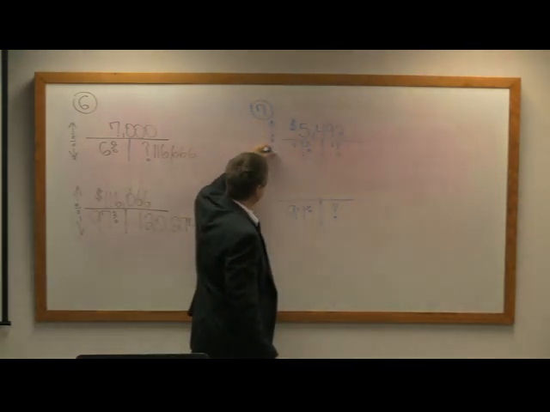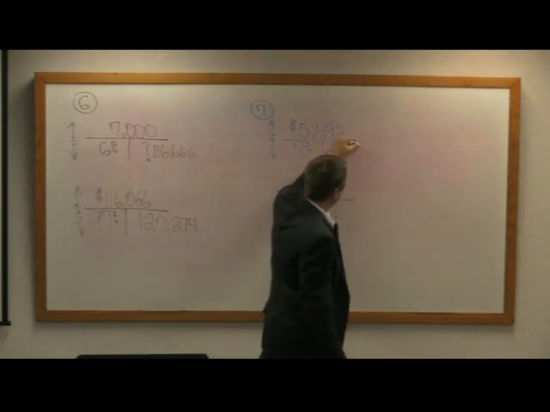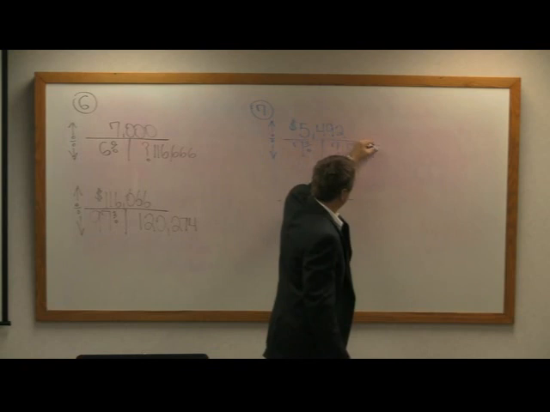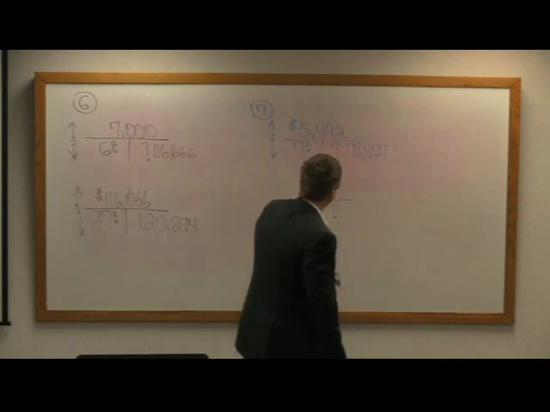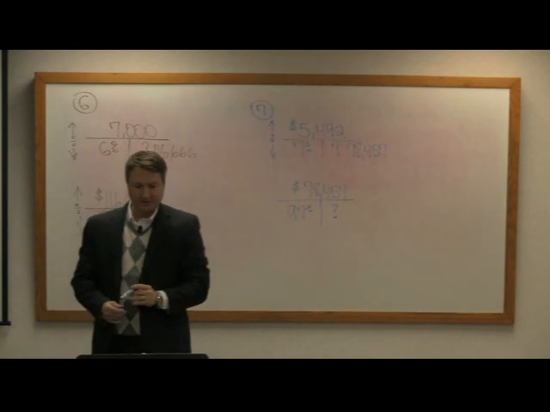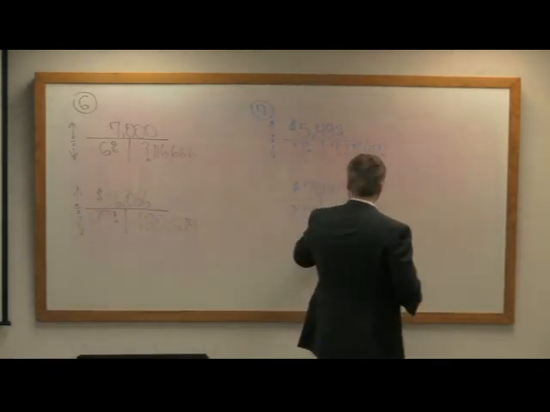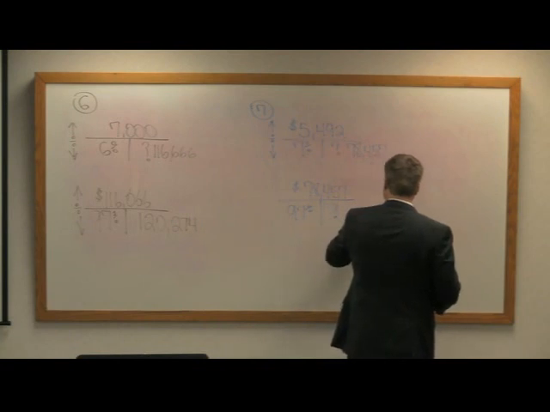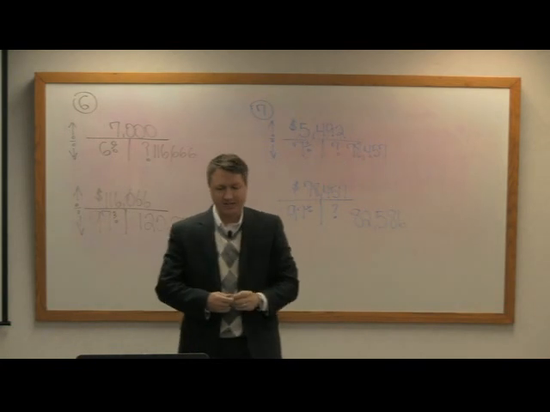When I divide that by 7%, what do I get? And then when I take that number and divide by 97%, and there's some change on the end of that.